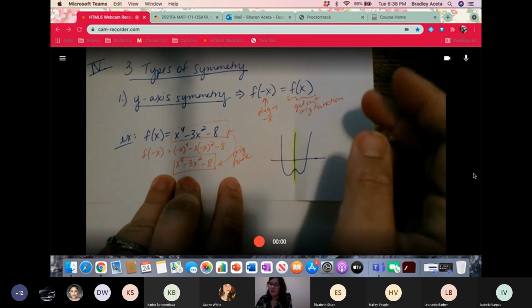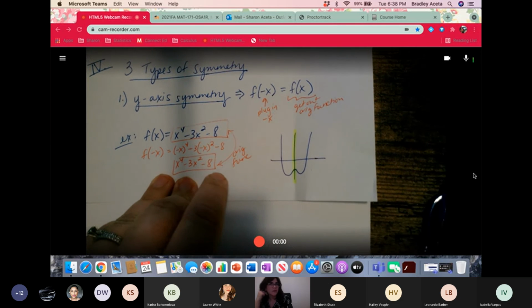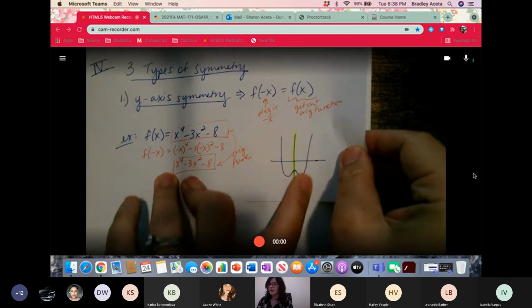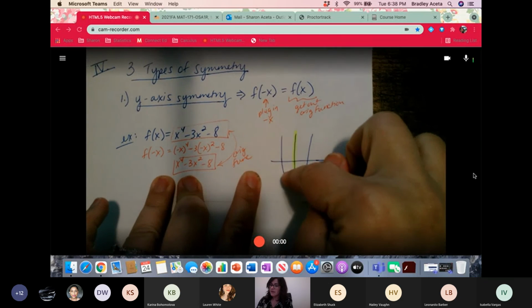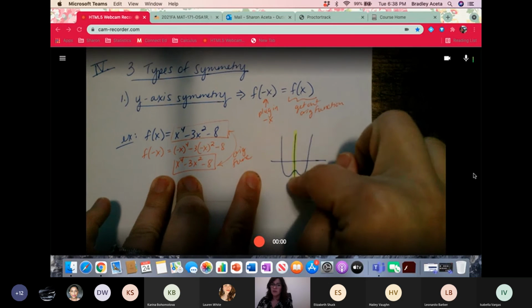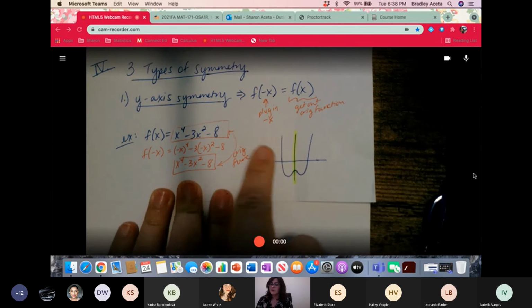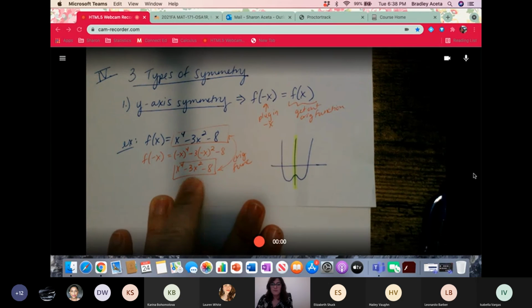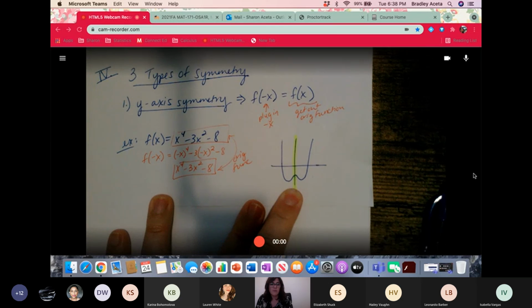Like a butterfly, if you think of it. I always remember this in kindergarten, I put paint on one side and then you fold it and you got the same thing on the other side. So if I have this line here, do I have its mirror image along the y-axis? Yes, I did. So this right here has y-axis symmetry. We proved it algebraically, and then we also looked at it in a graph.